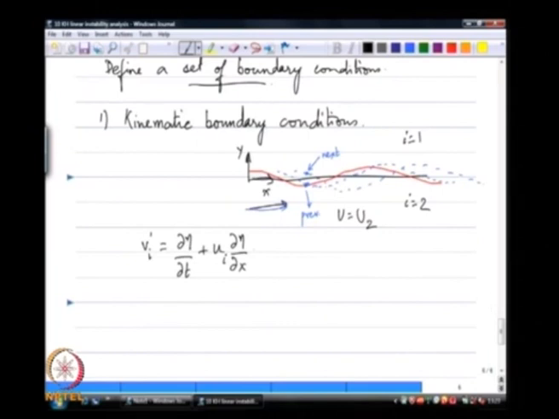So, this part here is the co-moving derivative of eta.